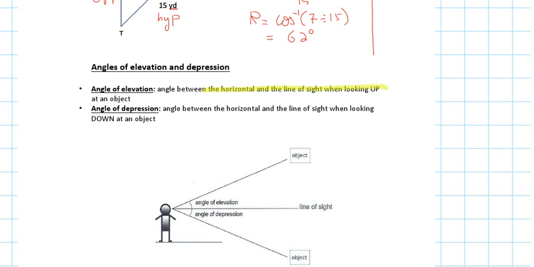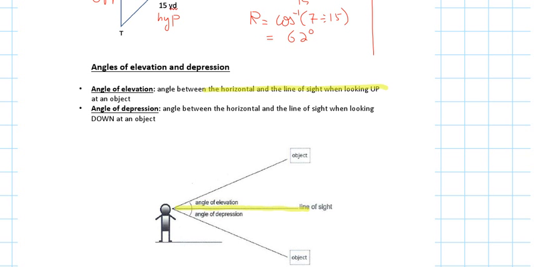If I'm standing right here and I'm looking at the clock, and I say that the angle of elevation is 20 degrees, you're going to imagine a horizontal line coming out of my eyes. If I draw a line between this horizontal line and the clock, that angle right here is the angle of elevation. So it's always measured from a horizontal line coming out of the line of sight.